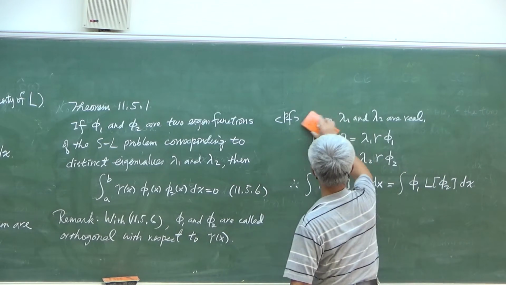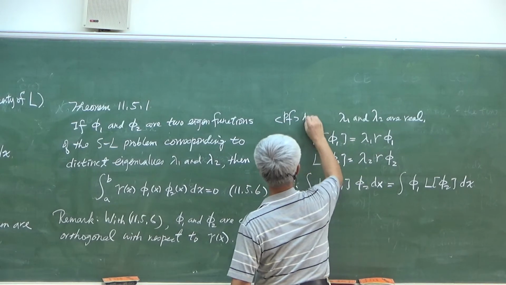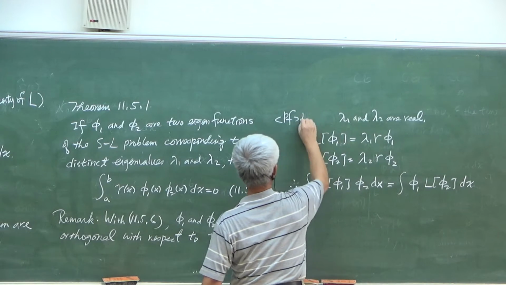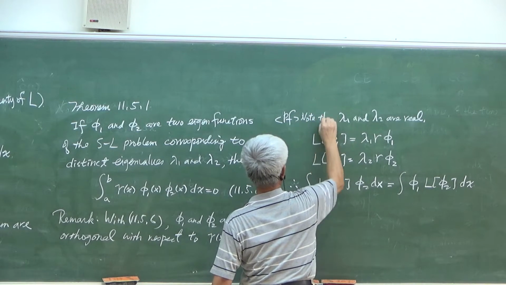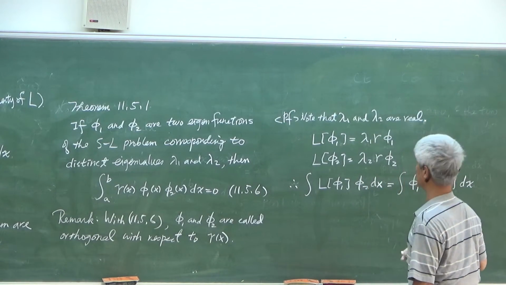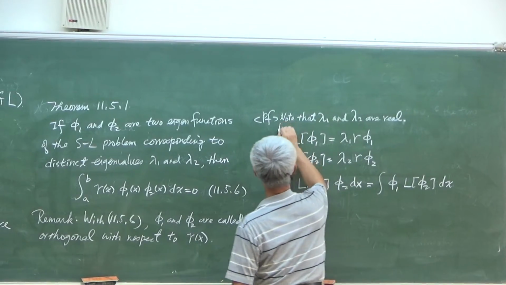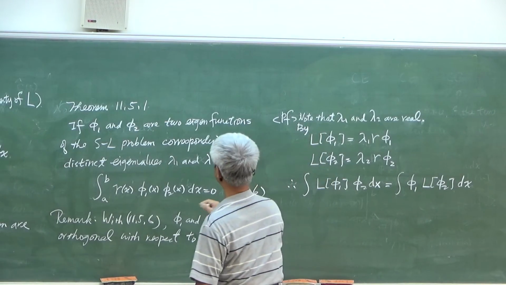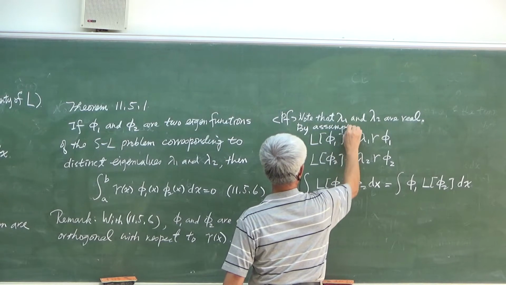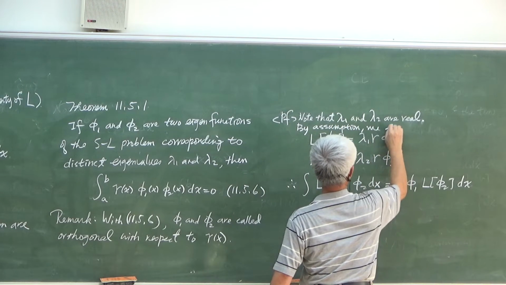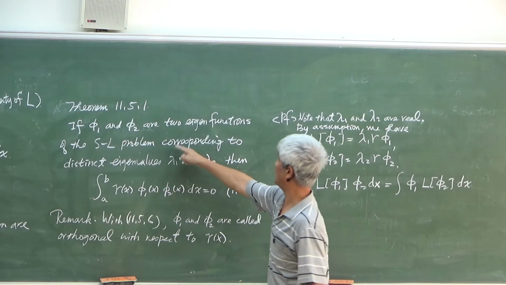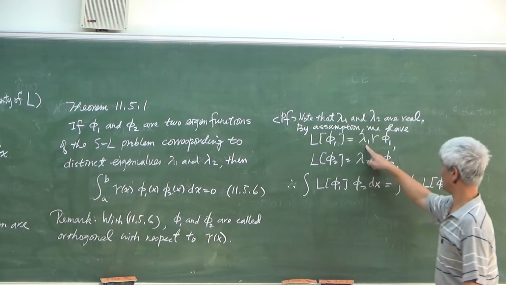And by assumption, we have this, because phi1 and phi2 are eigenfunctions corresponding to eigenvalues here.